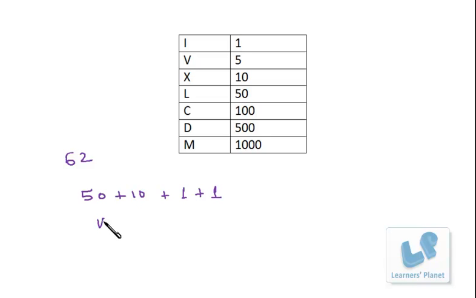Now 50 is L, then it's X, this I and this I. So all X, I and I are smaller in value than L, and we are writing them on the right side of L. That means their values will be added to L. So it's 50 plus 10, 60, then plus 1, 61, and then plus 1, 62. Isn't it quite simple?